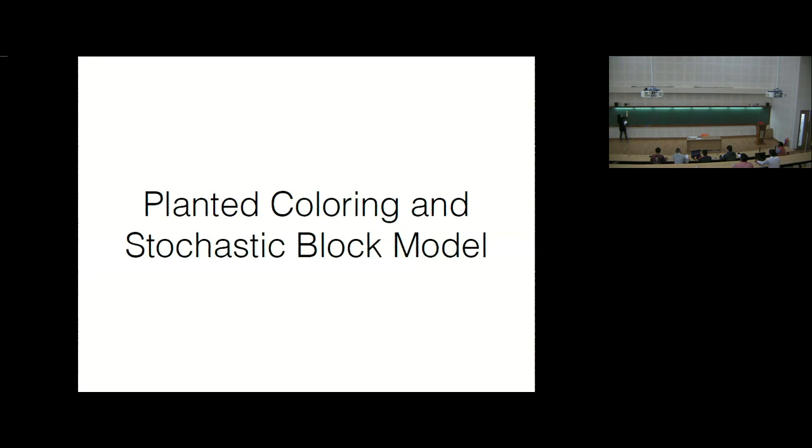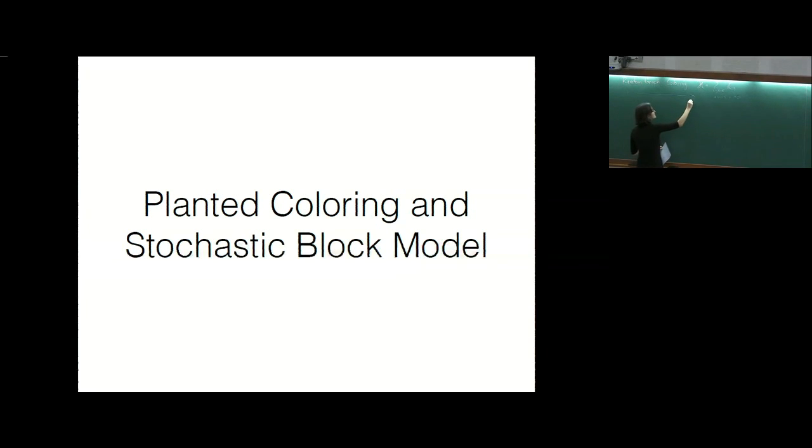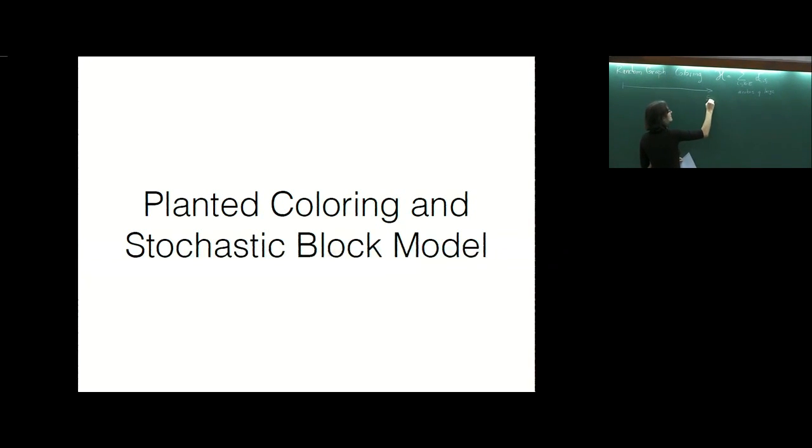And let me draw here, when the number of colors Q is large, we had this kind of behavior here. This is the average degree, the C is the average degree of the graph.